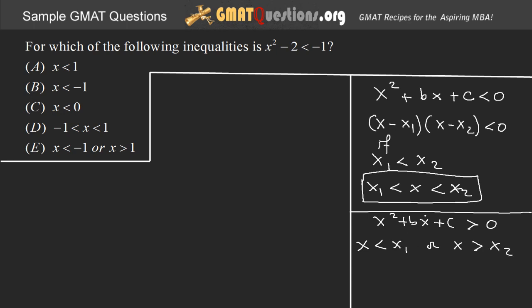The only difference is that x is outside. X here is outside the boundaries. Imagine that x1 and x2, the roots, are the boundaries. In the case when you have less than 0, x is trapped between the boundaries, which are the roots. But here x is outside the boundaries, the roots.